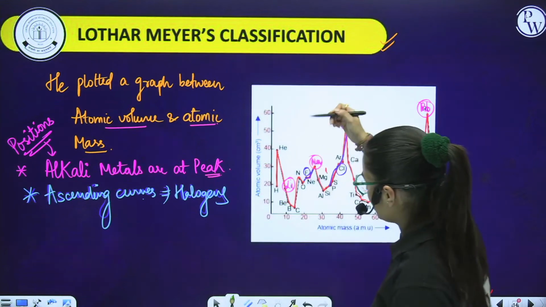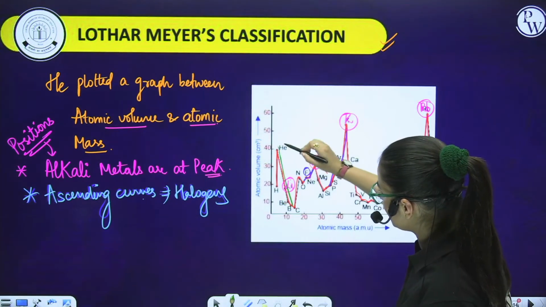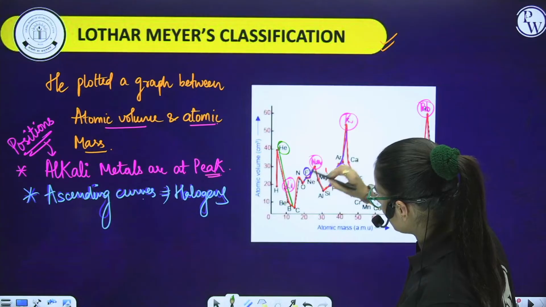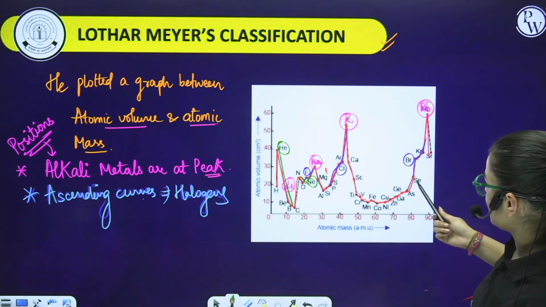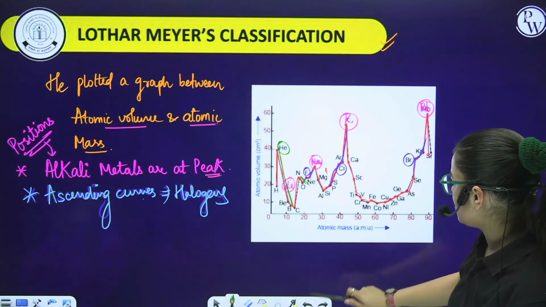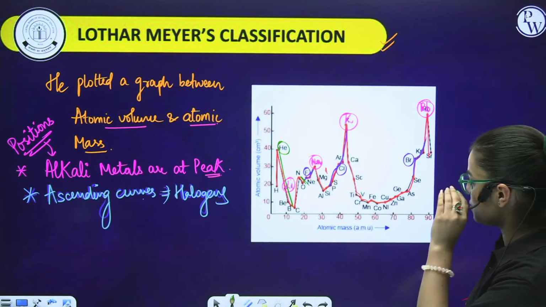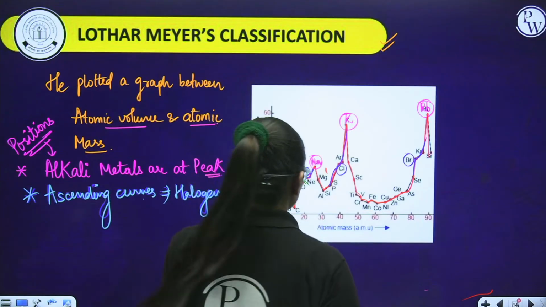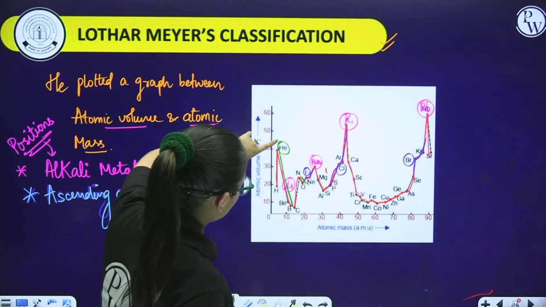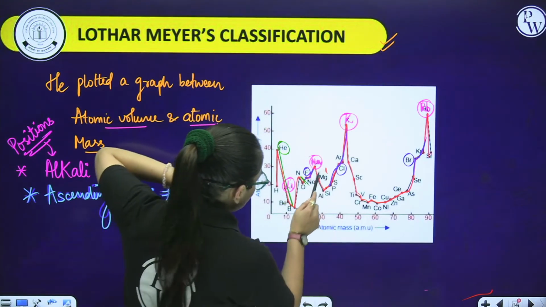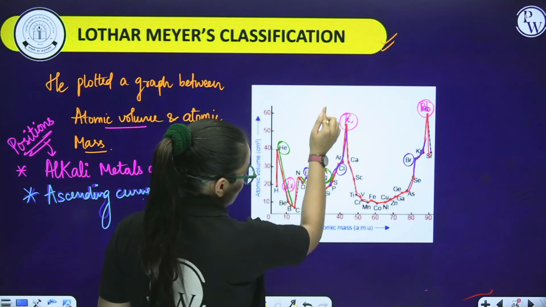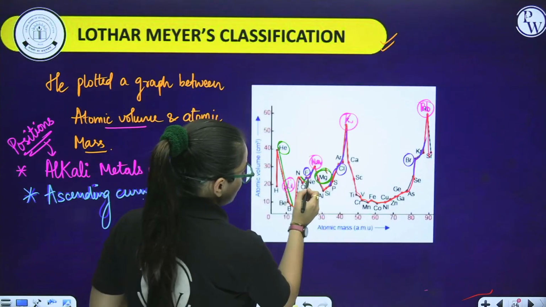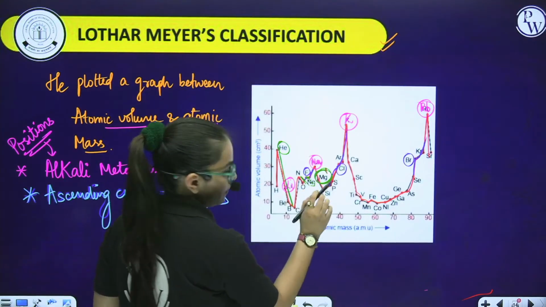If you see this descending, it is helium. If you see this descending, it is neon. Wait a second, students. Here is magnesium, not neon, sorry. Neon is in the ascending one. If you see, neon is going like this. This point is for neon, so I did not mention it.